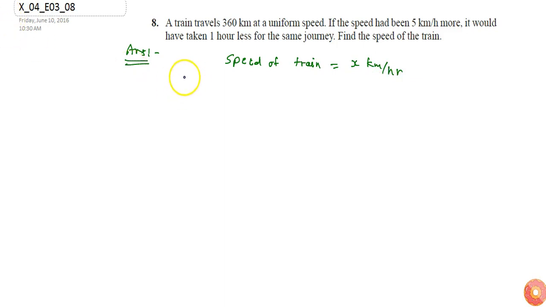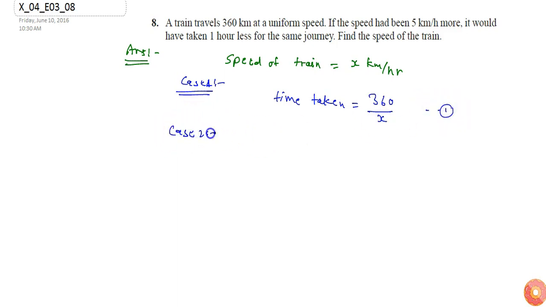So in case one, when the train travels 360 kilometer at a uniform speed x kilometer per hour, the time taken to travel the distance 360 kilometer will be 360 kilometer by x, since time equals distance by speed. Let's say it is equation number 1.